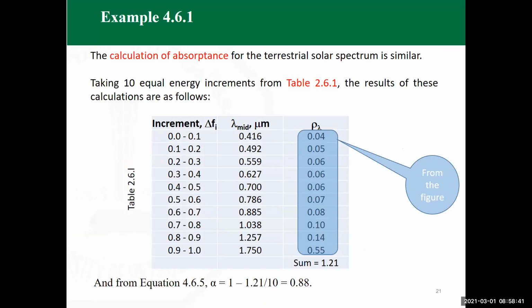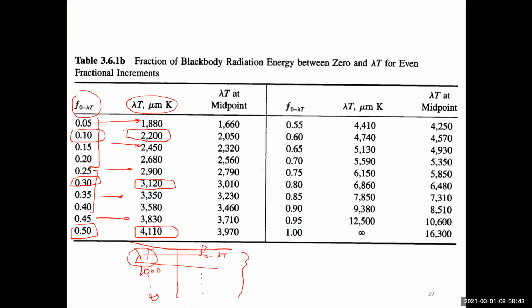Remember, the table that we worked on in the previous example, which is this table, is the fraction of black body radiation energy between 0 and lambda T for even fraction increments. So we are talking about black body radiation as a reference, and we used that for the calculation of the emissivity.